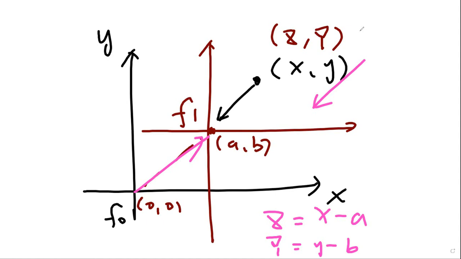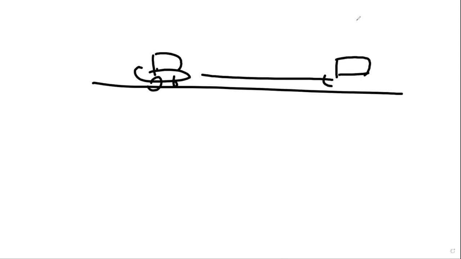So your object movement is the opposite of your frame movement. This is the motion. Basically, say you have a car. You are here, moving from here to here. So original position is 0, now it becomes a.